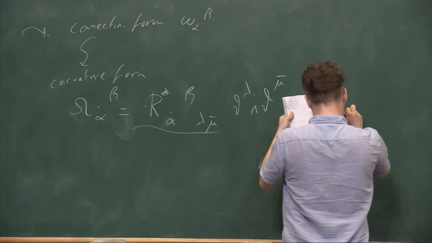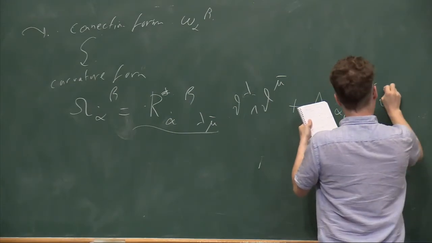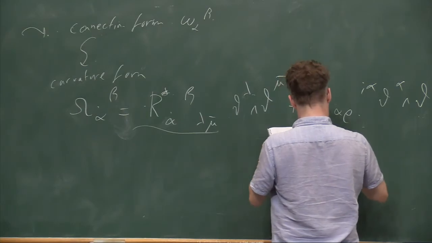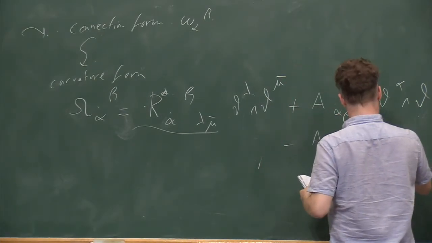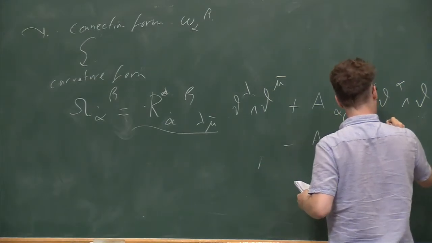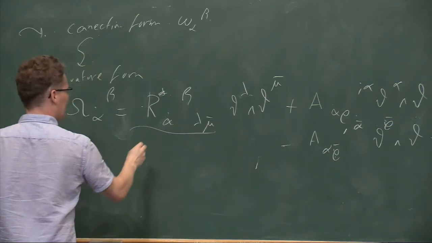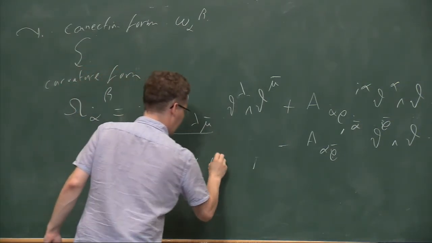Now this is a covariant derivative. Right. Okay. So this is like an analog of the Riemann tensor.